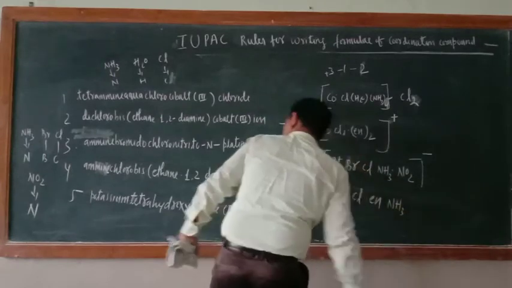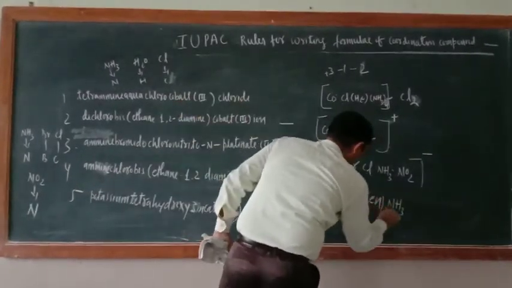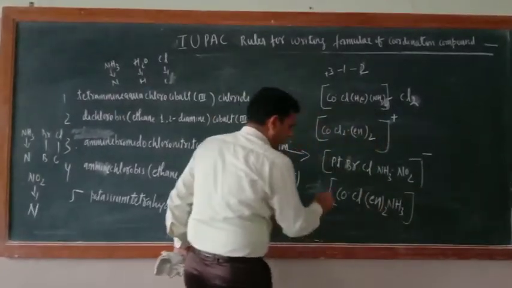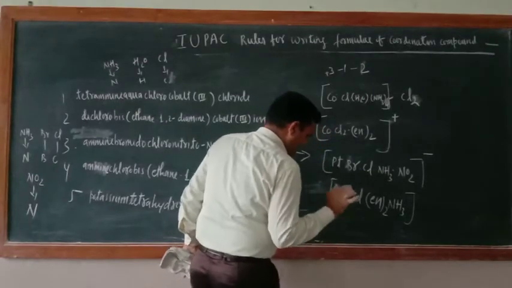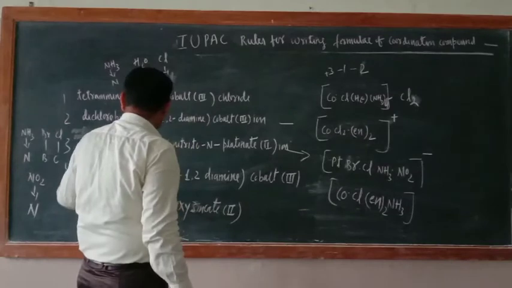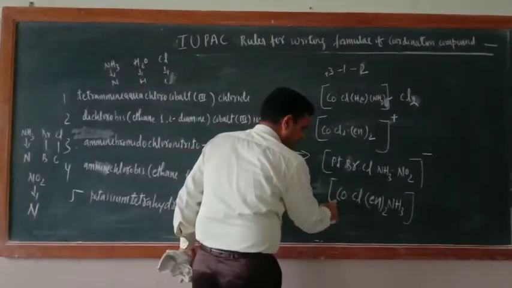Then what is the next one? NH3. How many are there? Amminechlorobis: bis means it is held twice. Now bracket close. Now check here. Is everything balanced? Not balanced. Cobalt(III): cobalt oxidation state they have given here is III.